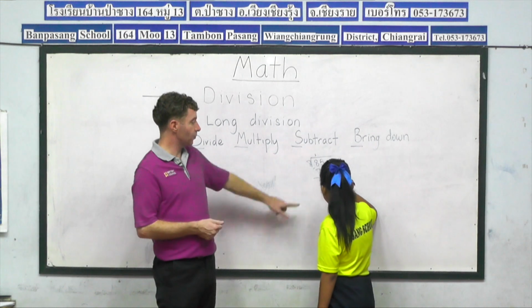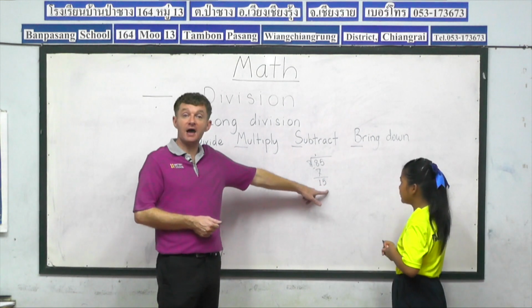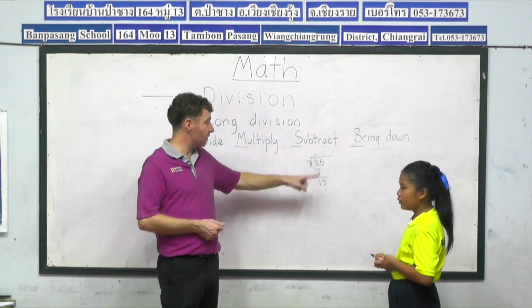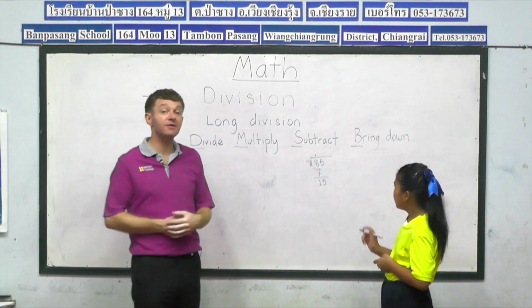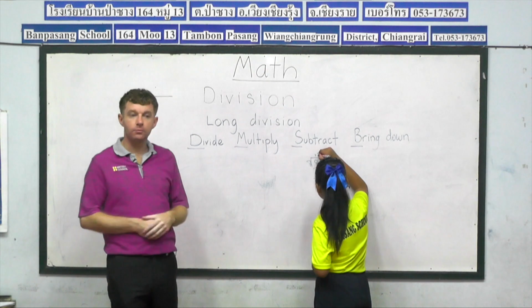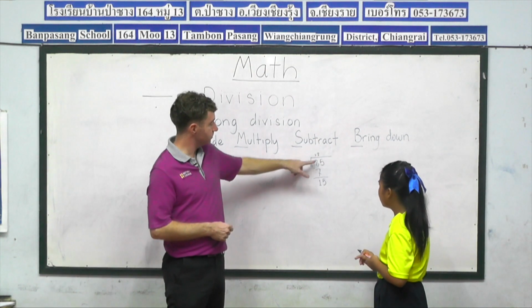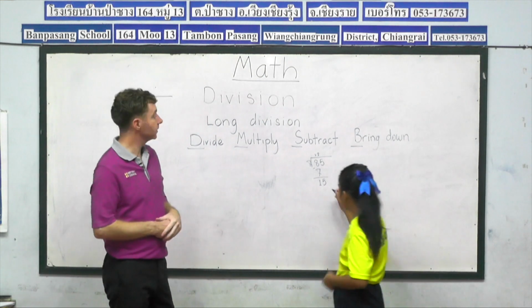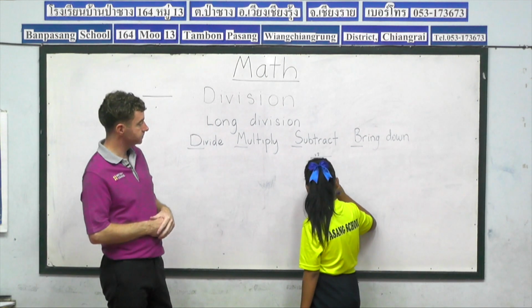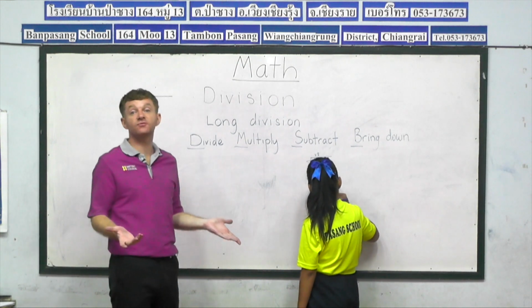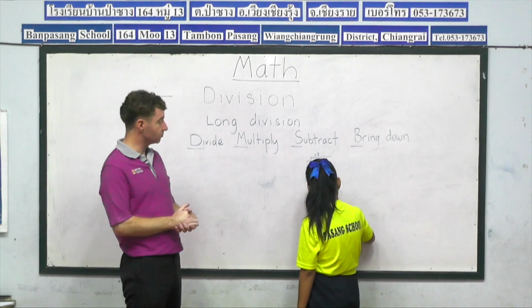But notice, we're not at 0 yet. So 5 becomes 15. So now, 15 divided by 7 equals 2. Okay. And now, 7 times 2 equals 14. Subtract. 15 minus 14 equals 1.